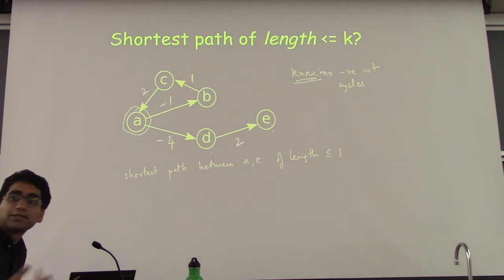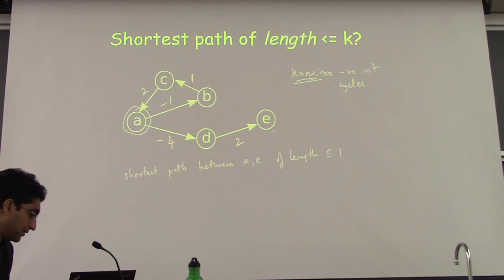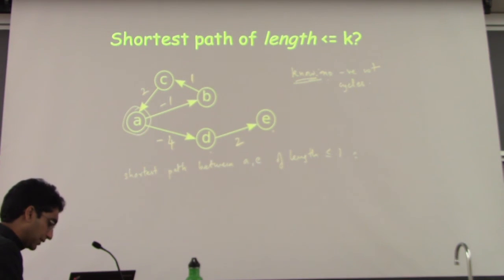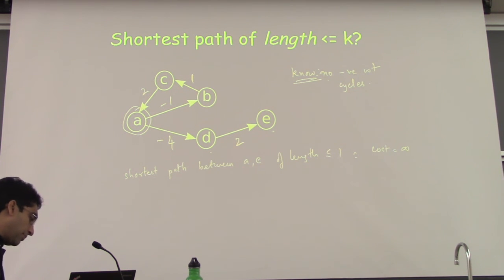There is no path of length less than or equal to 1, so the shortest path cost is infinity. But if you have length less than or equal to 2, then you know that the cost is -2.